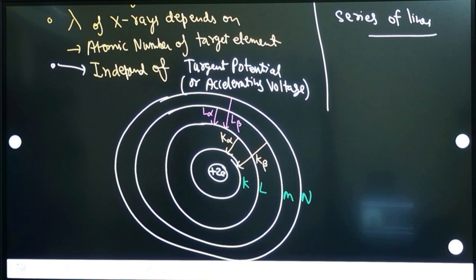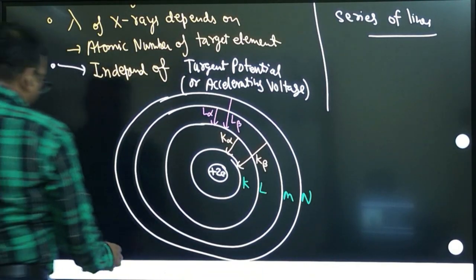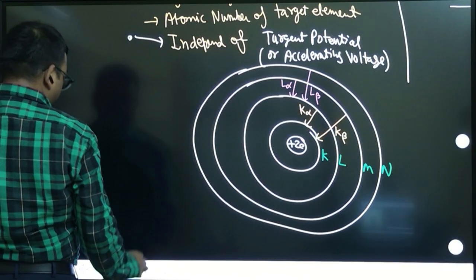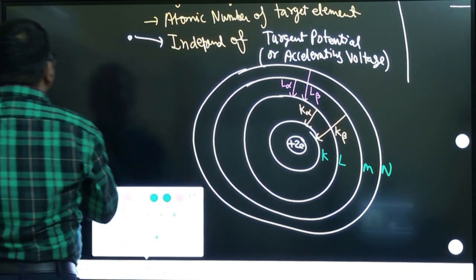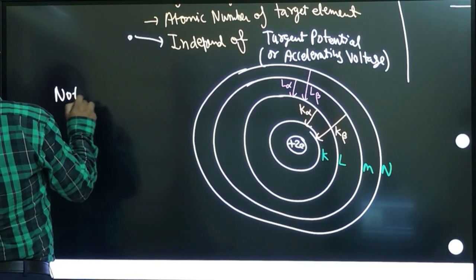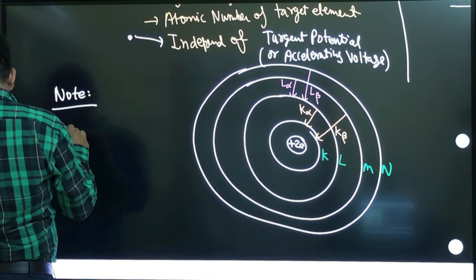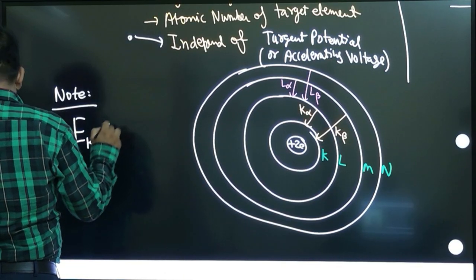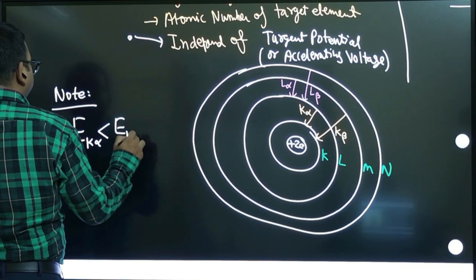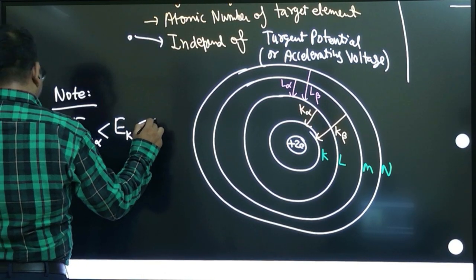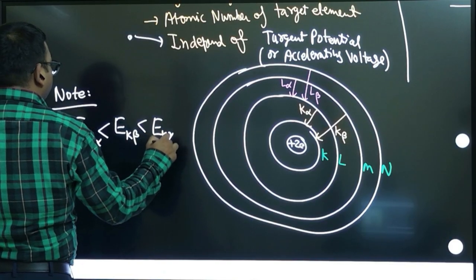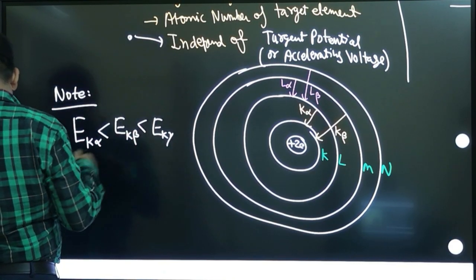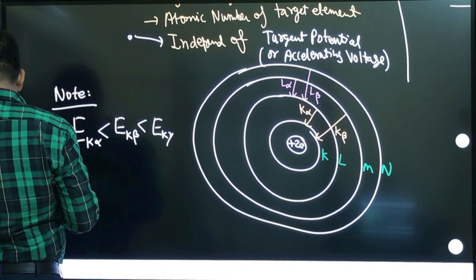If you want to compare the energies, let's note here the comparison of energy. I can clearly say that energy of K alpha is lesser than energy of K beta, and it is lesser than energy of K gamma. Gamma means it is coming from higher shells.